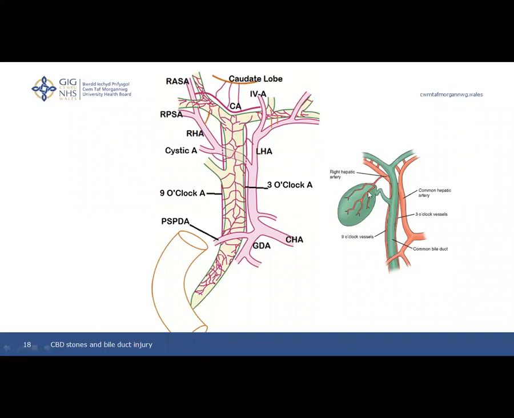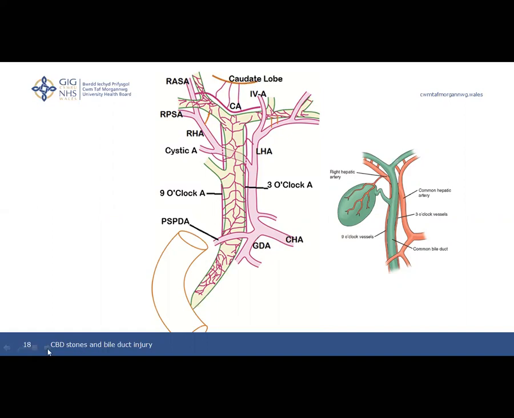So here in this picture we can see a branch which descends from the right hepatic artery towards the distal end, and a branch which comes from here and goes above. So there are two blood supplies to the common bile duct, and the venous drainage is along these veins.